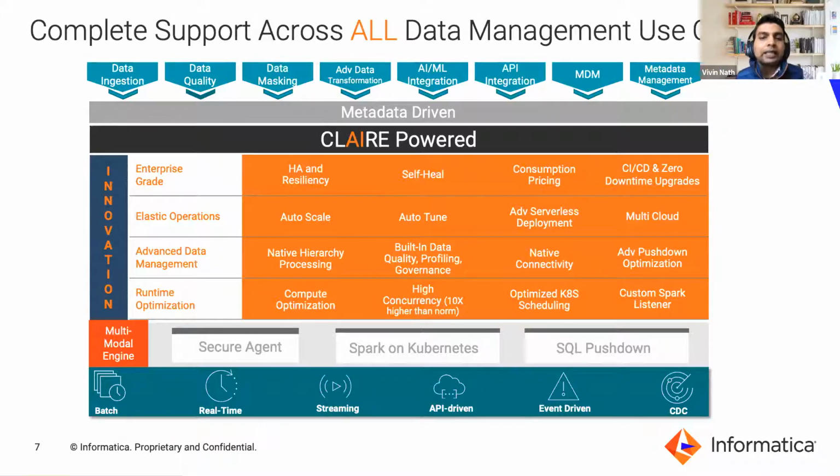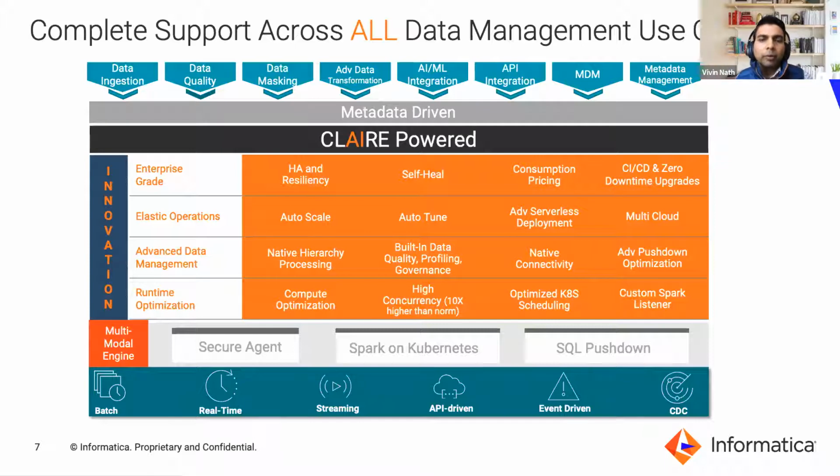Or the elastic operations with auto scaling, auto tuning, and advanced serverless deployment make it extremely simple to build and deploy data integration workloads at scale. The runtime optimization for compute, high concurrency, optimized Kubernetes scheduling, custom Spark listener, they all help deliver the best performance when it comes to running heavy data volume, data engineering workloads.